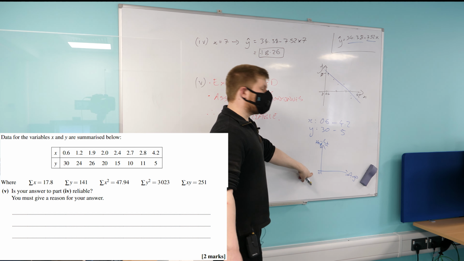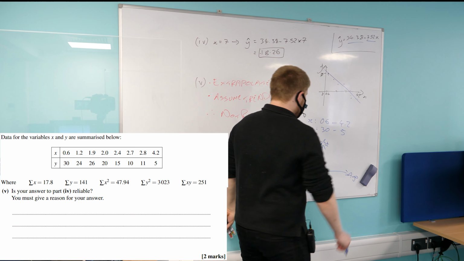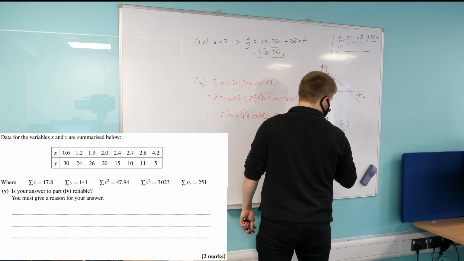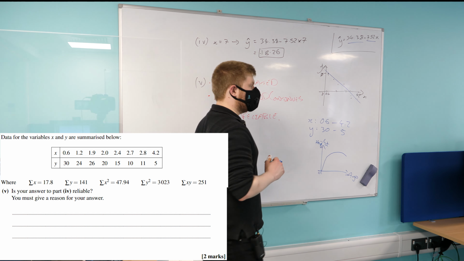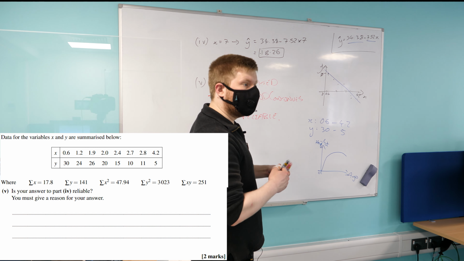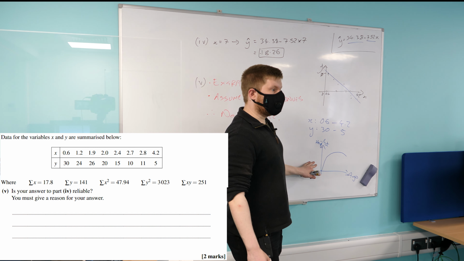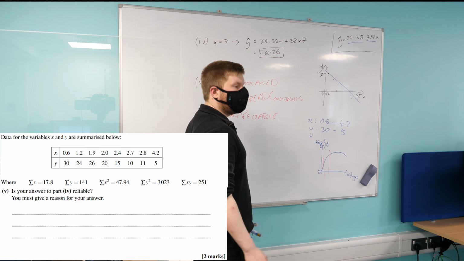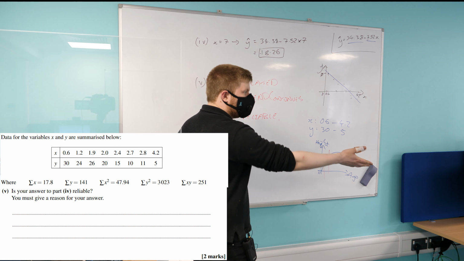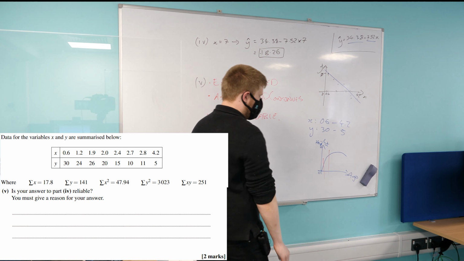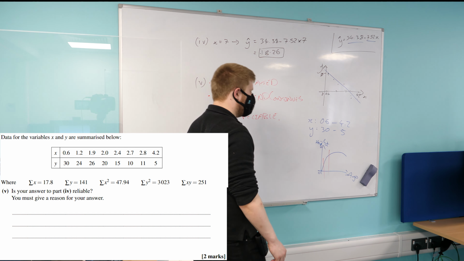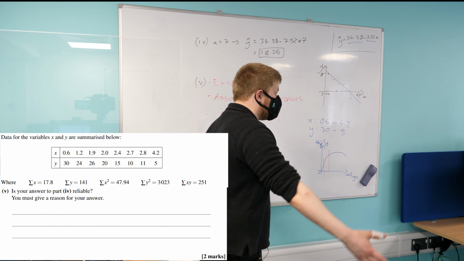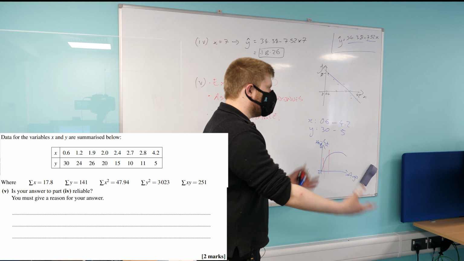But if you think about the trend of data for age against height, you do a lot of growing in the first few years of your life, and then you start to even off, and you may even start to decrease in height as you get older. So clearly a linear regression model would only fit for certain portions of ages. So if I wanted to estimate the height of somebody who is 50 years old, but I only had data for people between 10 and 20 years old, then clearly that wouldn't be a good regression fit.